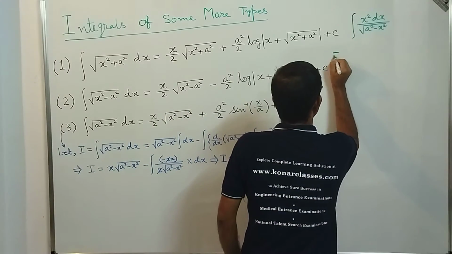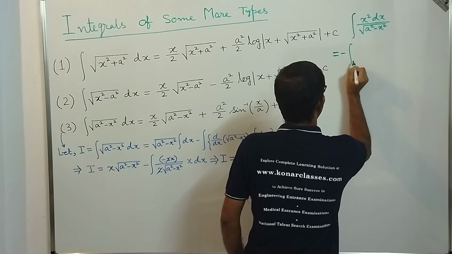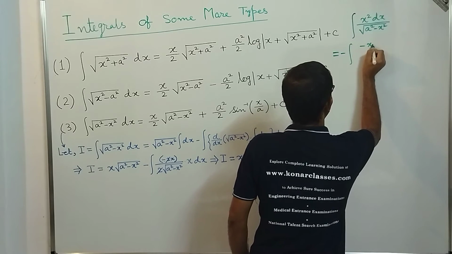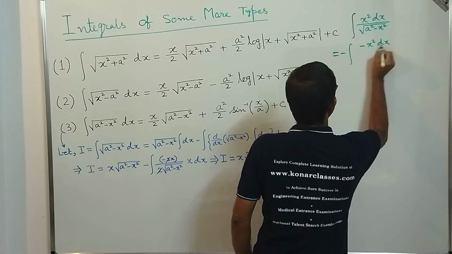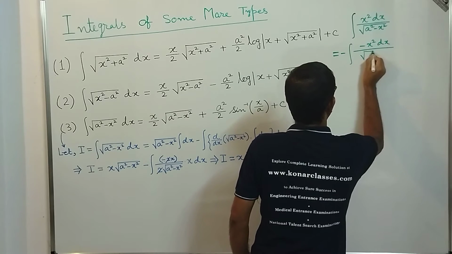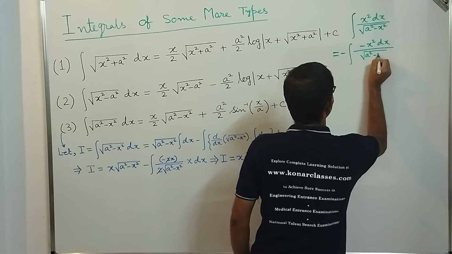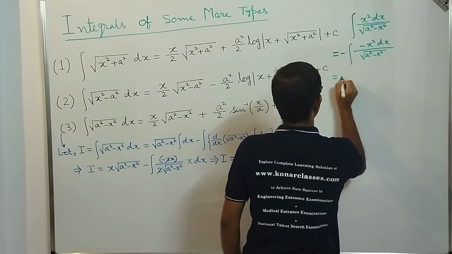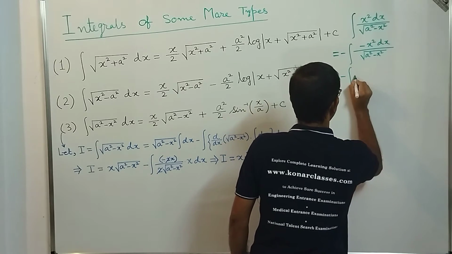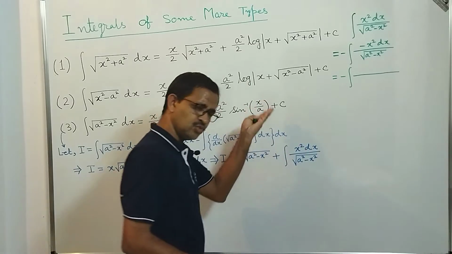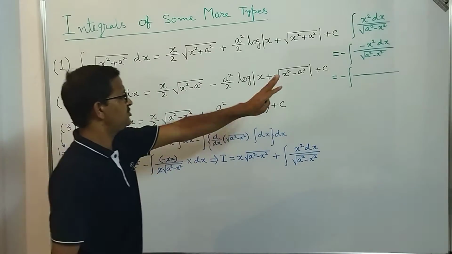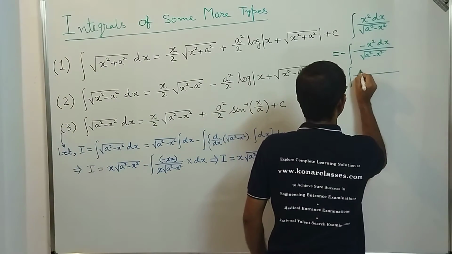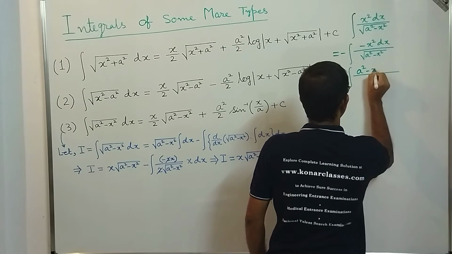Very easy. For that we should multiply by minus twice, so minus here. Then we write minus x square dx divided by square root of a square minus x square. So this is equal to minus integration, in the numerator like the previous two, you need to write a square minus x square.